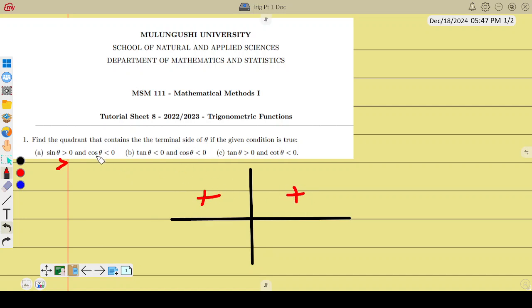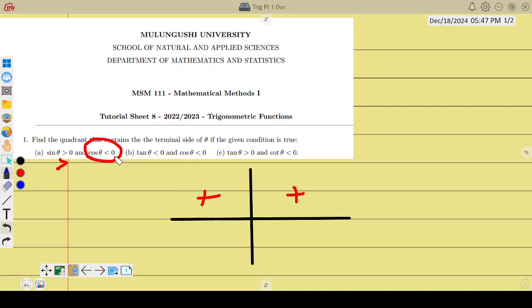And then let us also satisfy this condition. Cos theta should be less than 0, meaning negative. Okay, so already having a lot of work here. Where is cos negative?